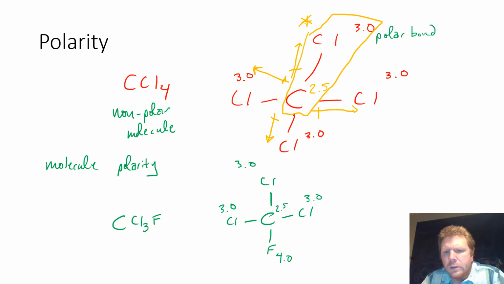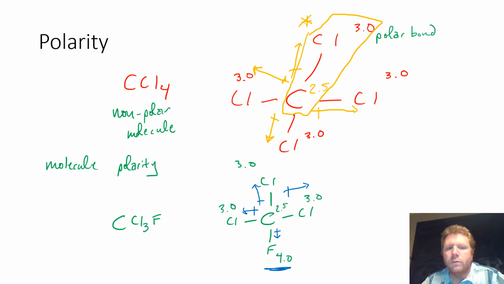So each one of these bonds is polar, but one of them is more polar. That carbon fluoride bond is the most polar bond. Now, what we can do then is draw our little arrows to denote our direction. But then what we can also do is draw an overall direction for this whole molecule.